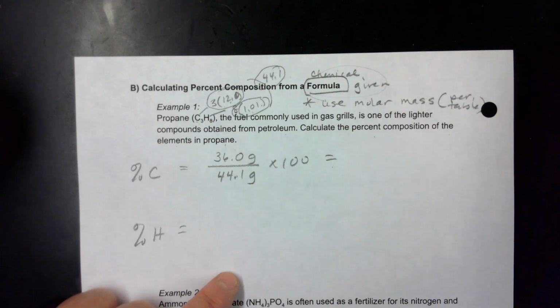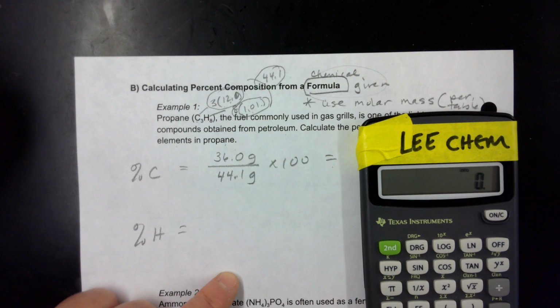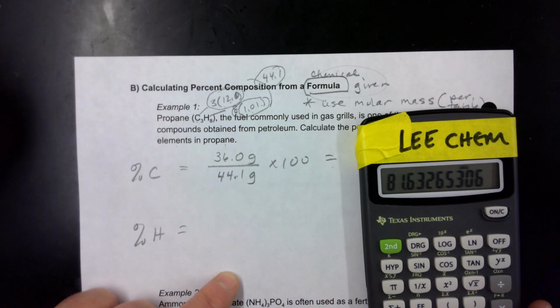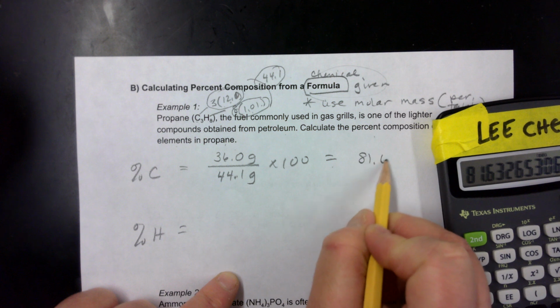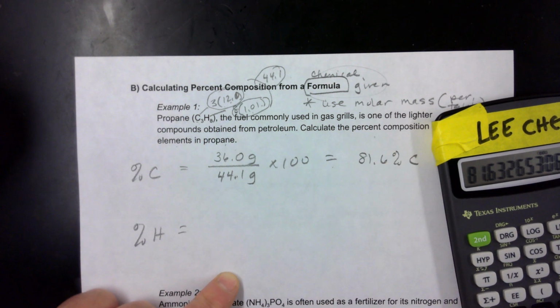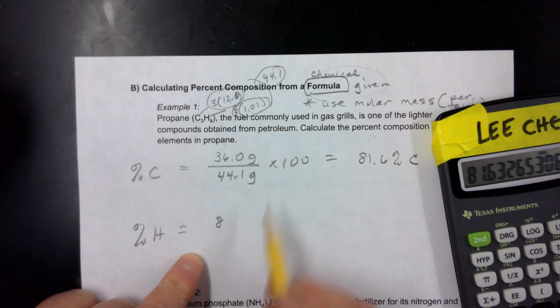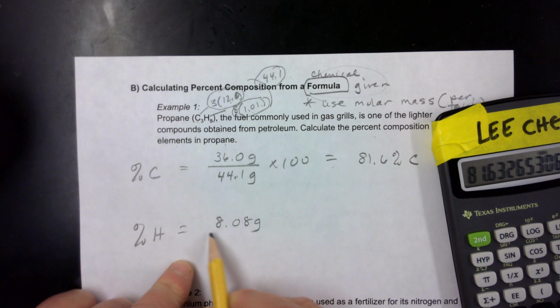When we do that, we get 36 divided by 44.1 times 100. We get 81.6% carbon. Hydrogen, the 8 hydrogens, each at 1.01, is 8.08 grams.